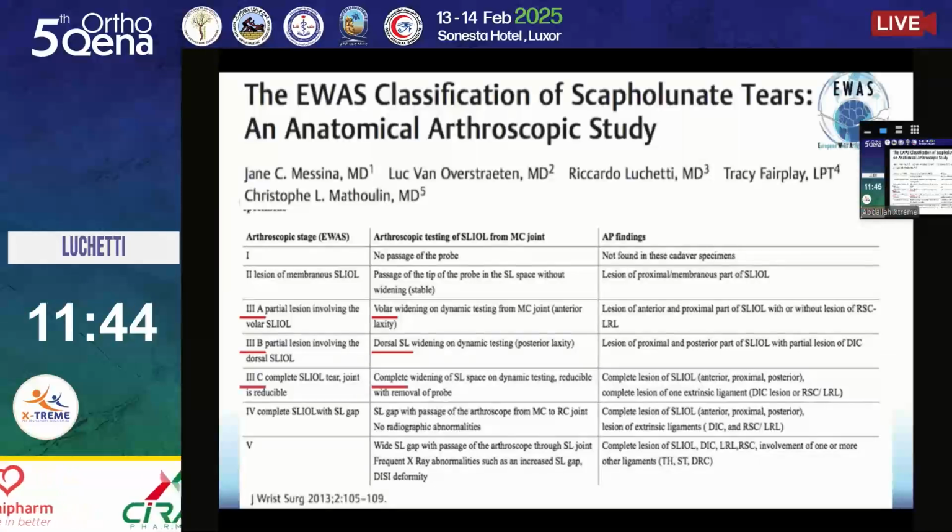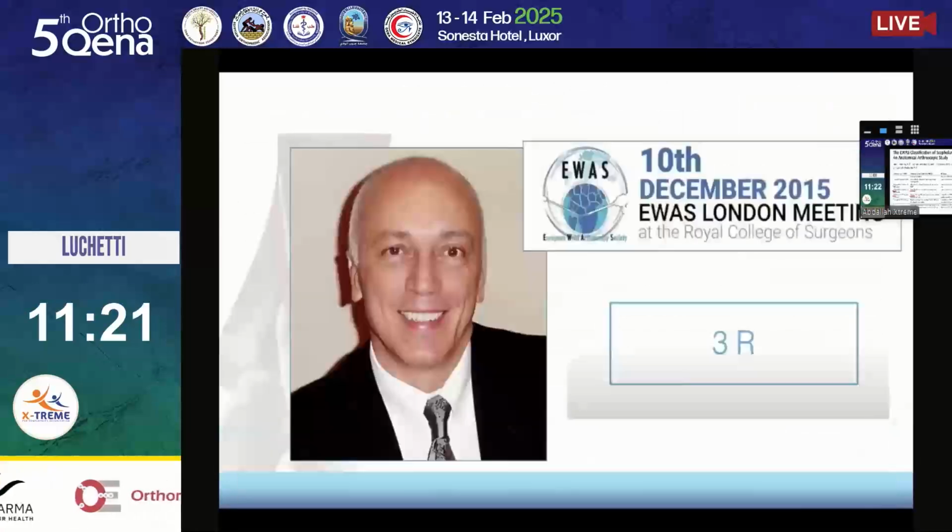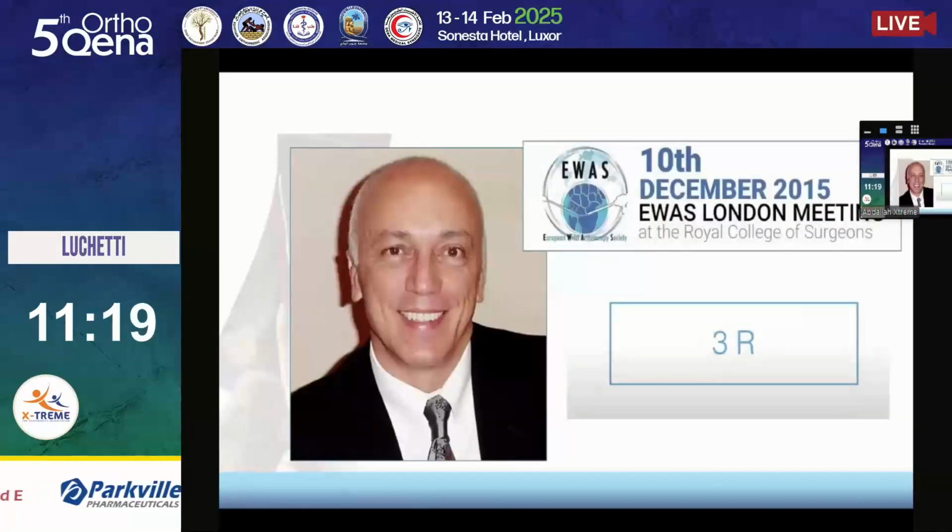And so we classify that in 3A, 3B, and 3C. 3C, both volar and dorsal, B, only dorsal, A, only volar. And so you can address your technique of repairing or treatment to the specific lesion that you have found.